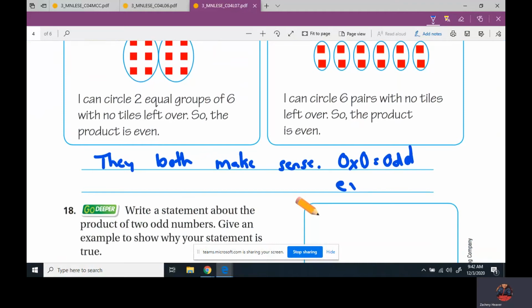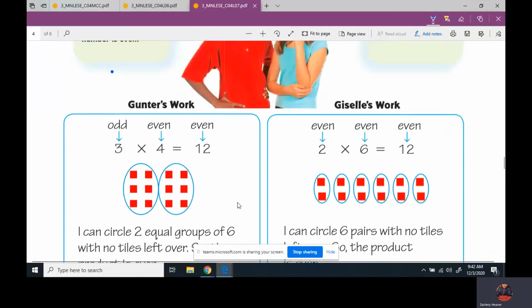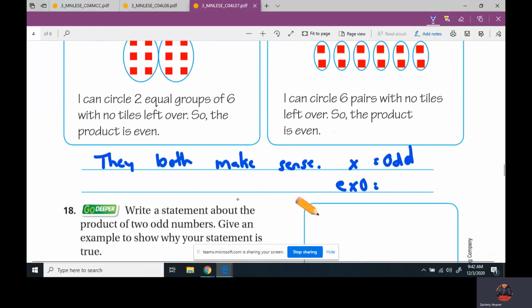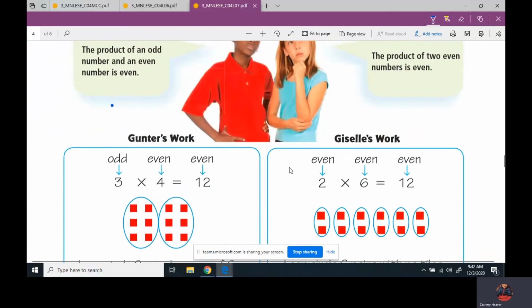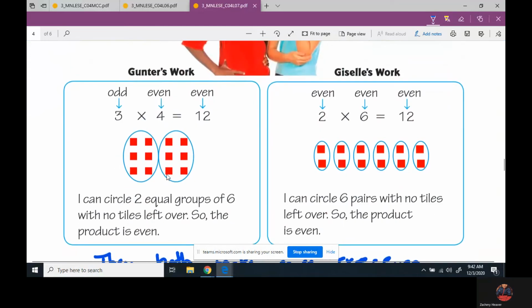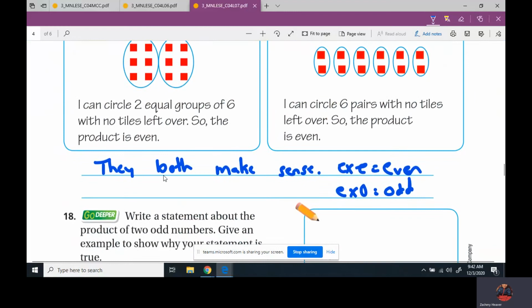And then even times even equals even. Even times odd equals even. So they both actually make sense. The only one that wouldn't make sense is if Gunter said odd times odd makes even, because odd times odd always makes odd.